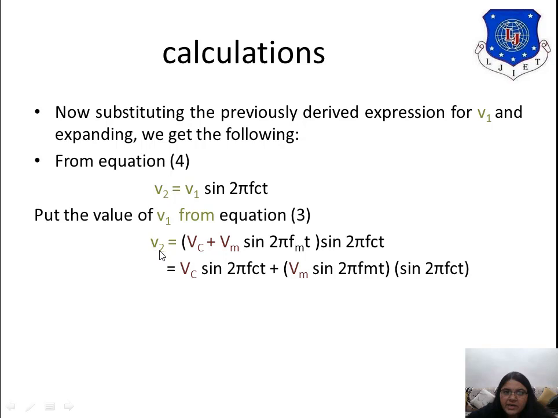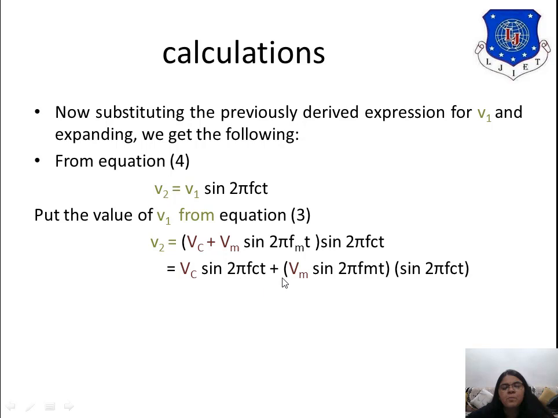So here I have the answer Vc sine 2 pi fct, my carrier signal, plus the envelope Vm sine 2 pi fmt into sine 2 pi fct. So this is the summary of all the equations that we have. Vc equal to this, Vm less than Vc, V1 is equal to Vc plus Vm.